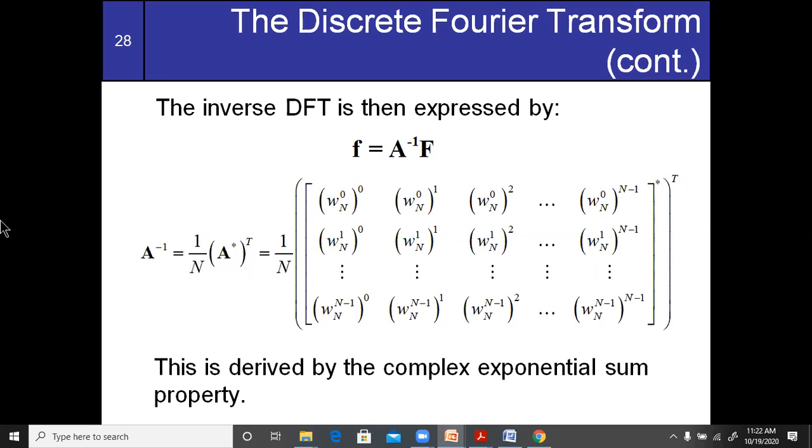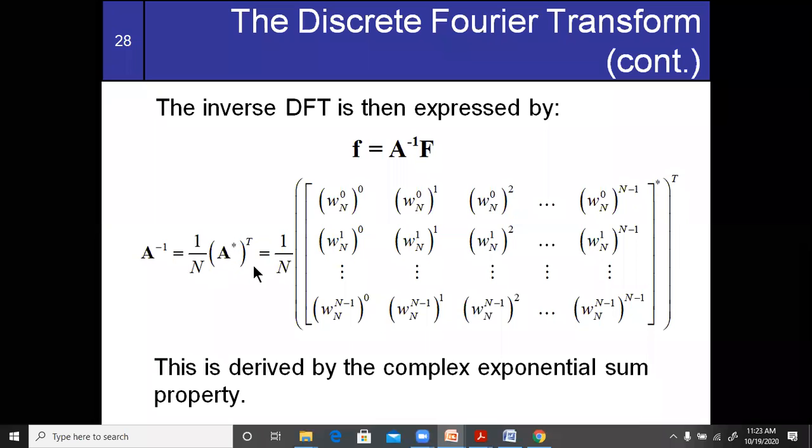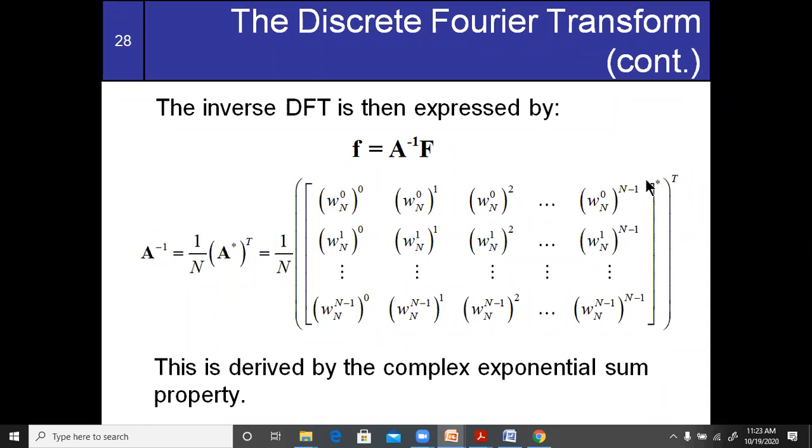Okay, A star whole to the power t divided by n. So this is nothing but A star transpose by n. So 1 by n, and you can try to write this term. This is just complex conjugate and then the transpose. So this is derived by the complex exponential sum property.